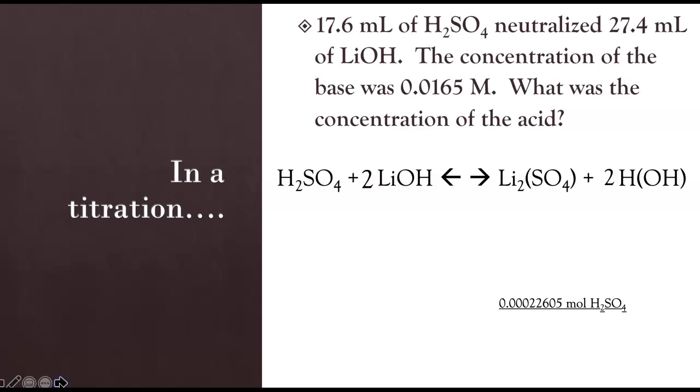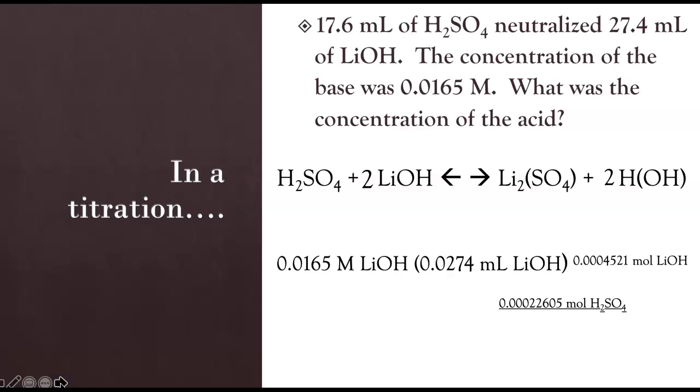And so as I'm doing that, I'm going to figure out the number of moles of my lithium hydroxide. Then I'm going to look at my lithium hydroxide. We've got 2 moles of lithium hydroxide to 1 mole of sulfuric acid. And that's going to give me my moles of sulfuric acid.